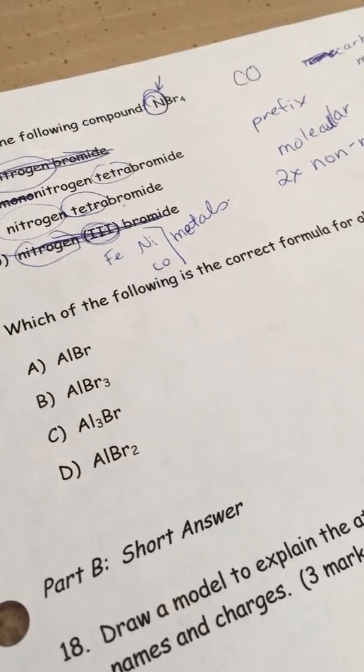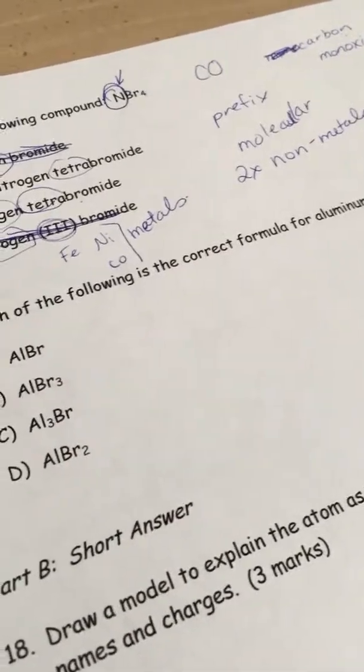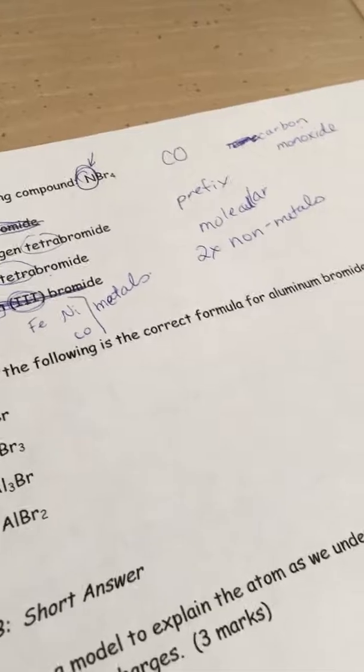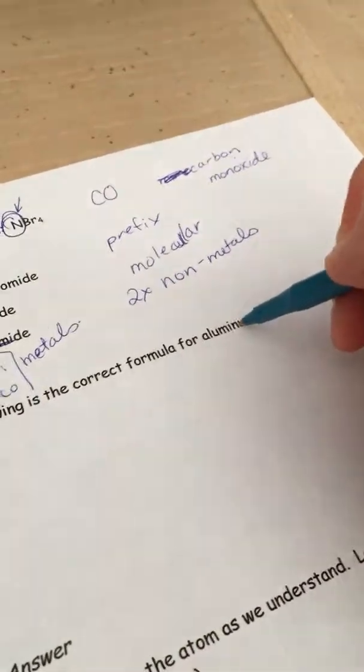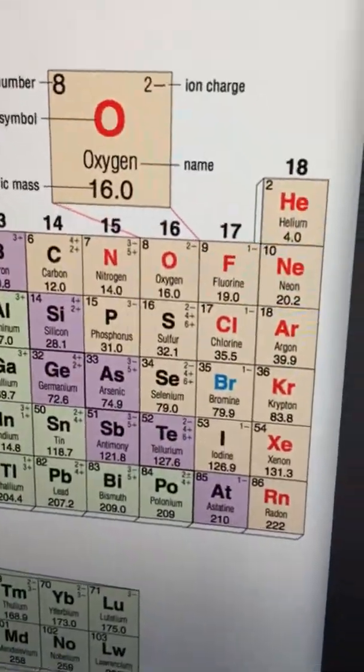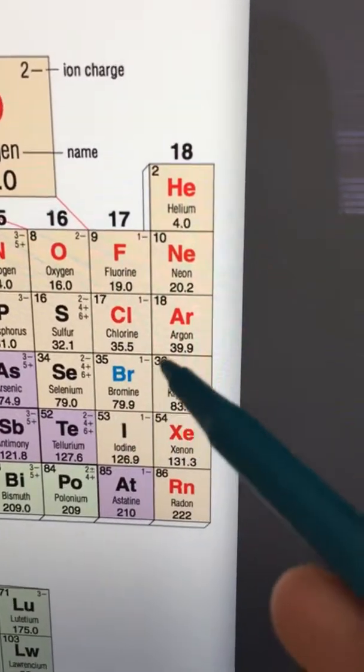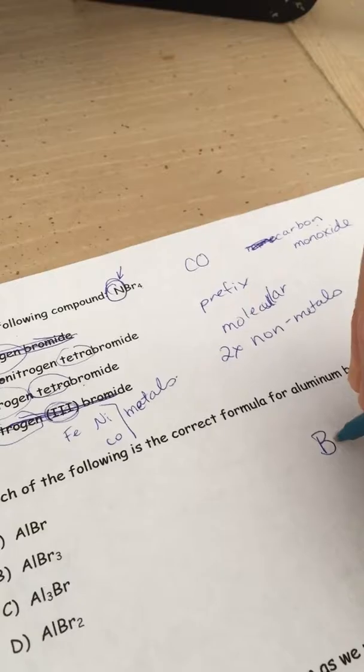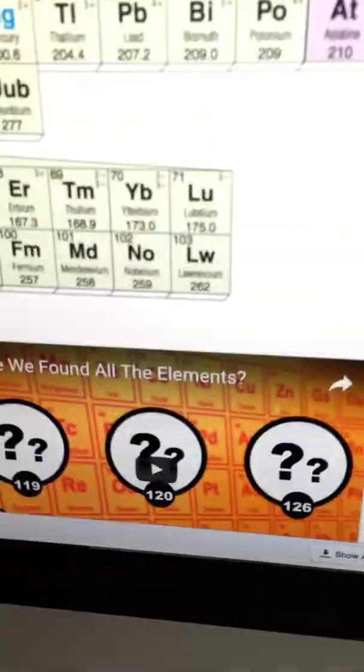Aluminum. Going back to the same process for number 15, you need to figure out the charges for aluminum and bromine. So bromine, we have a 1 minus charge. And aluminum, what was the charge on aluminum?